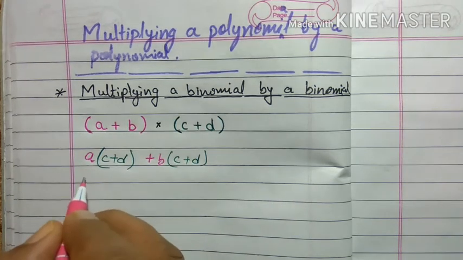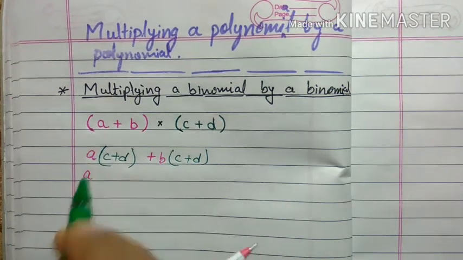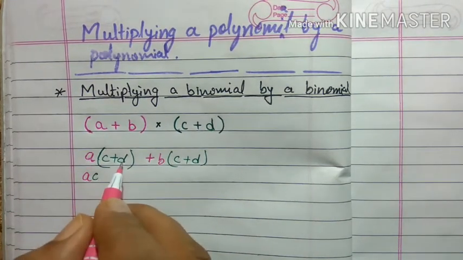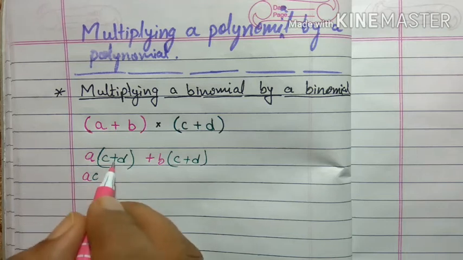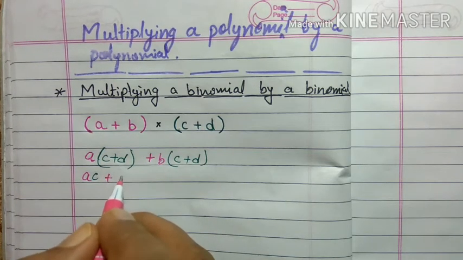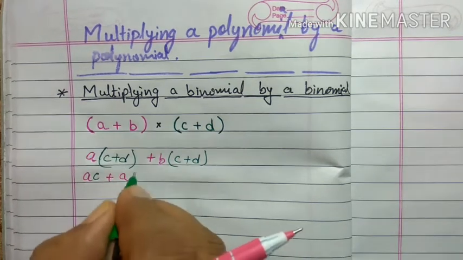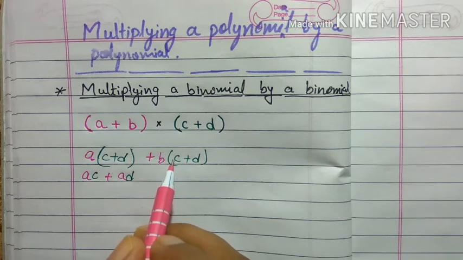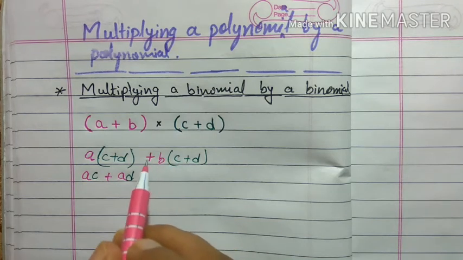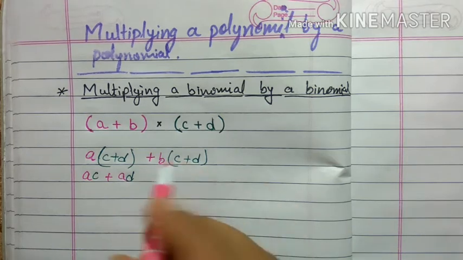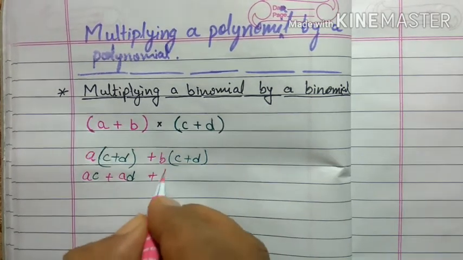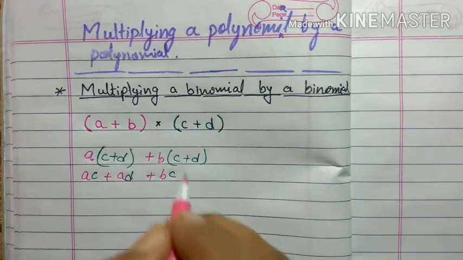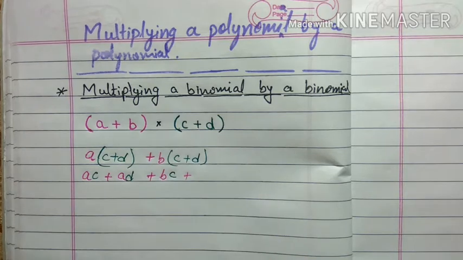So we will write a into c is ac, plus a into d, because this is plus plus, we will write plus ad. Again, the sign before c is nothing, so that is plus, so plus plus plus, b into c is plus bc, and then plus plus again plus, b into d is bd.